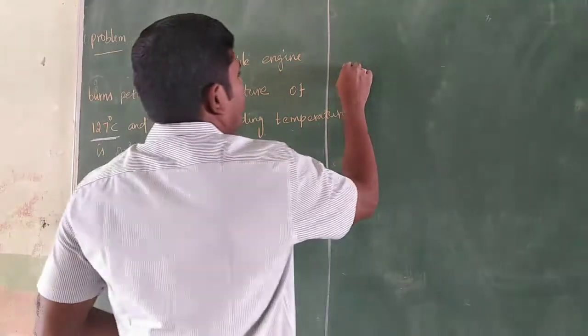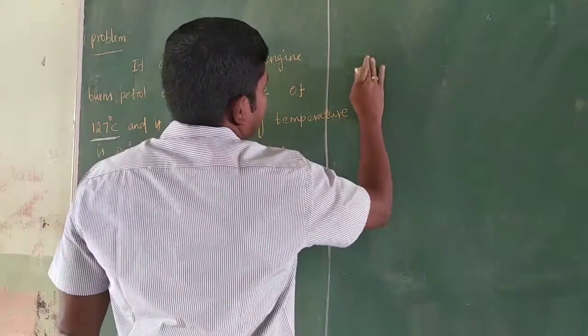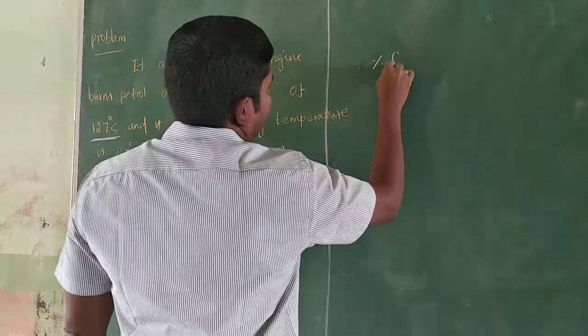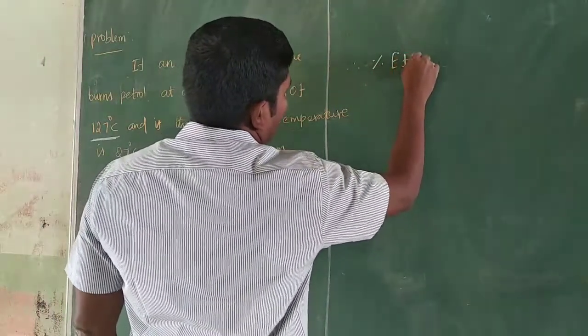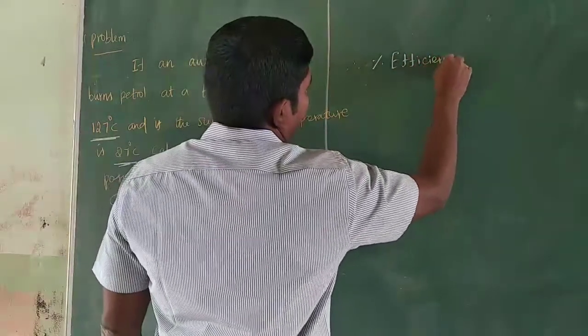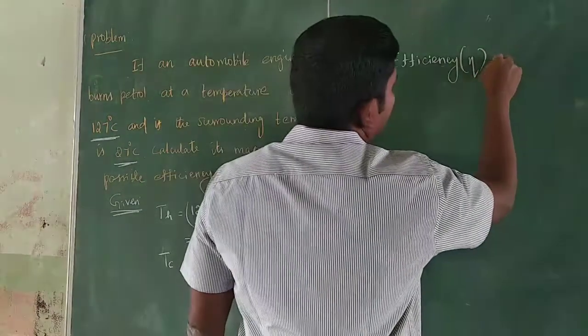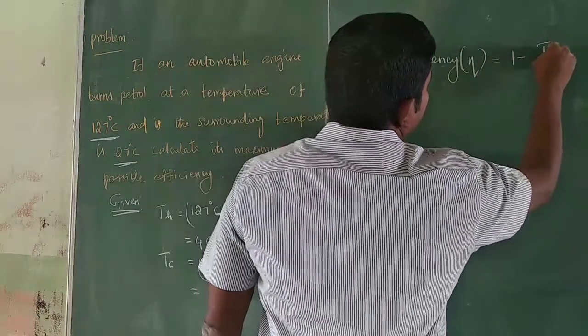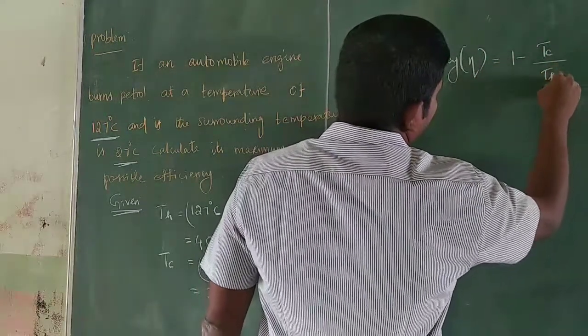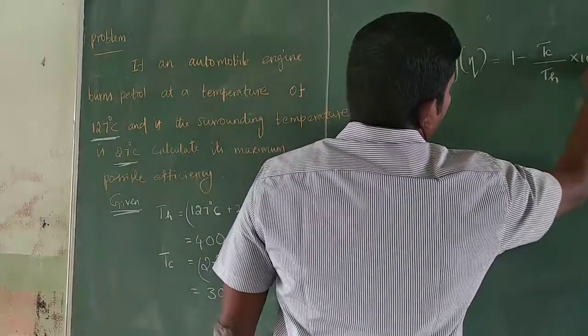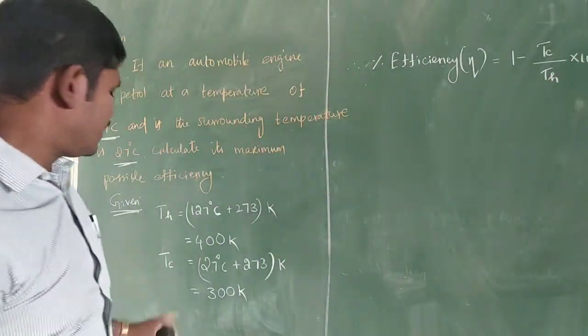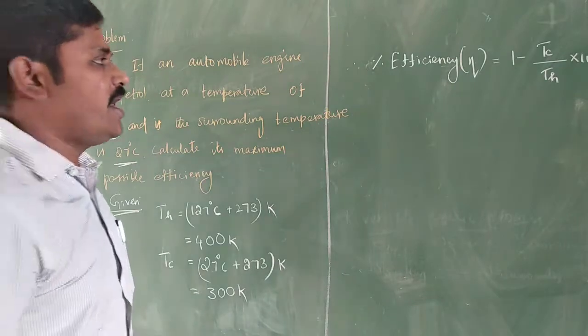Therefore, the percentage efficiency eta is equal to 1 minus TC by TH into 100.